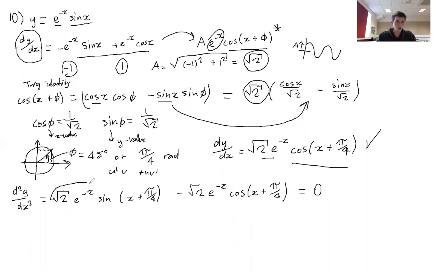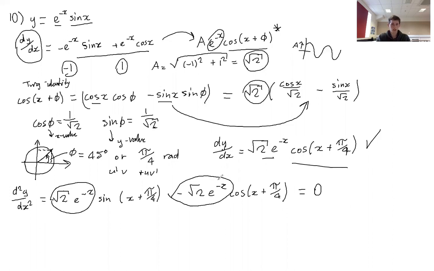Again, we're going to have a coefficient which has got an exponential term in it in both cases. So because we've got equals 0 here, we can actually just divide through by this term here, and we're not going to lose any solutions because we want to set it equal to 0, and we have an exponential term.